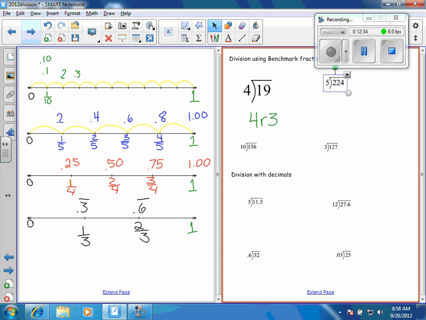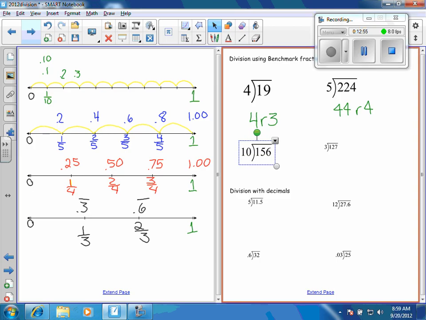And then for this one, just who has that one written down from the warm-up? What do we have, Isabella? 44, remainder 4. Okay. And for this one, remember what we had here. Looking at your notes.